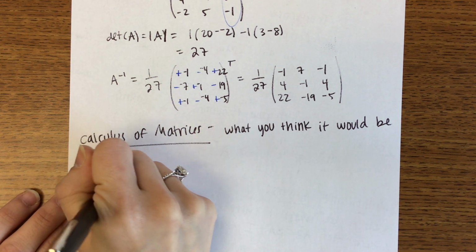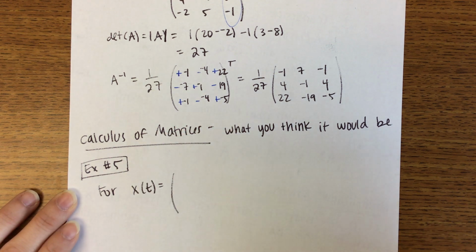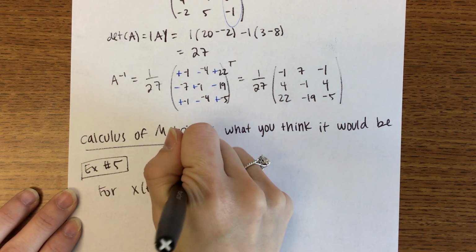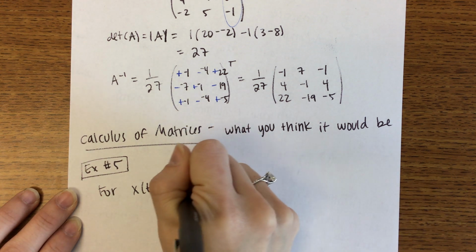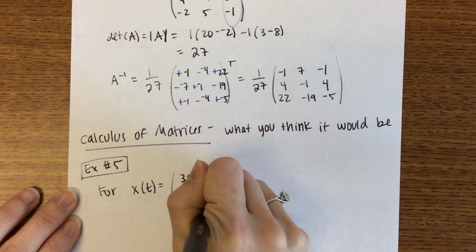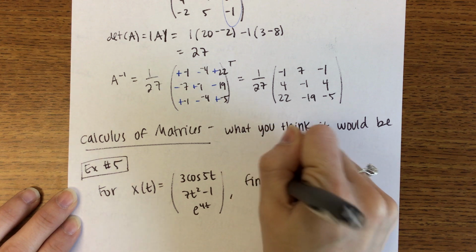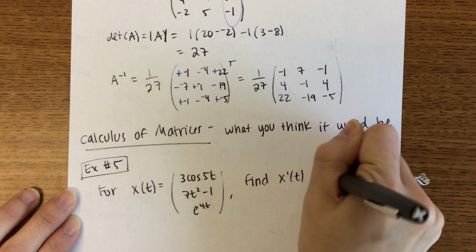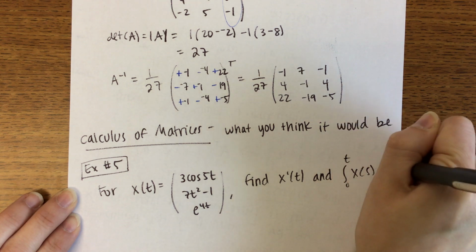Let's consider matrix x of t, which is 3 by 1. First row is 3 cosine of 5t. Second row is 7t squared minus 1. Last row is e to the 4t. We are going to find x prime of t and the integral from 0 to t of x of s ds.